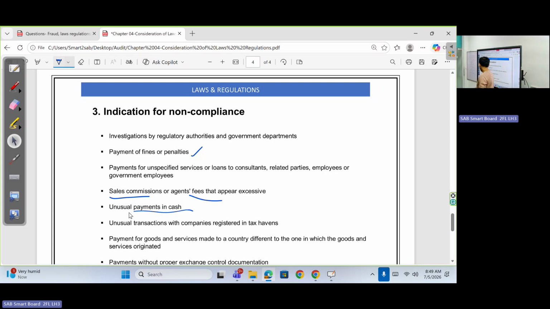Unusual payments, for example unusual payments in cash. One more point for your knowledge: if the company paid more than 500,000 by cash to anyone, that is, any transaction of more than 500,000, five lakhs, paid by cash, that expense will be disallowed in the tax computation.